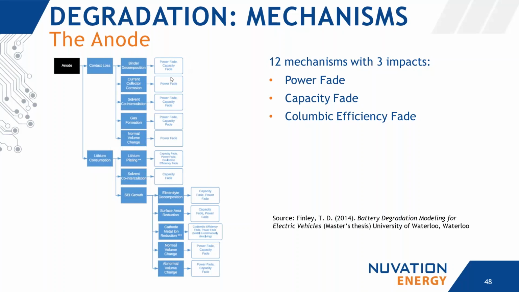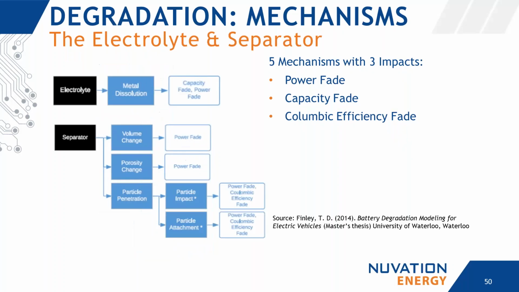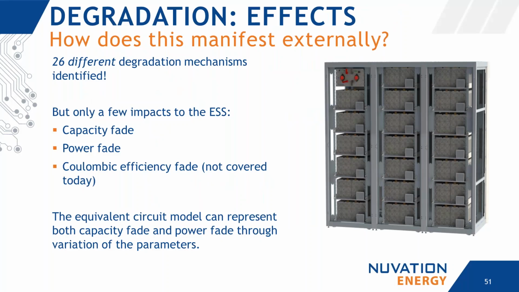What was cool though is they linked those to only 3 different impacts on performance: power fade, capacity fade, and Coulombic efficiency fade. When we look at the cathode, there were 9 mechanisms, but only 2 impacts to performance: power fade and capacity fade. And when we look at the electrolyte and the separator, another 5 mechanisms, but again, the same 3 impacts here.